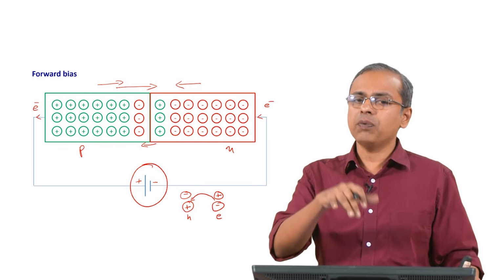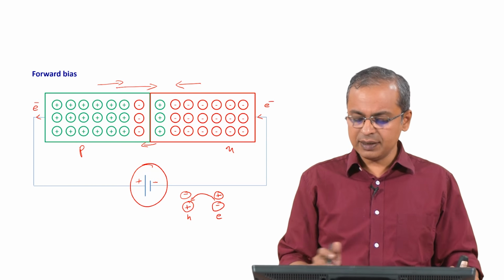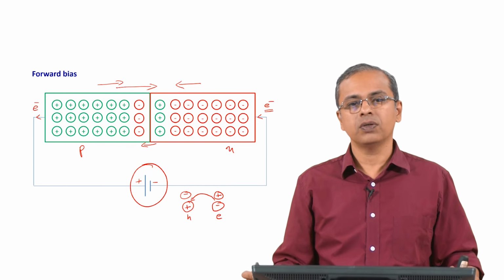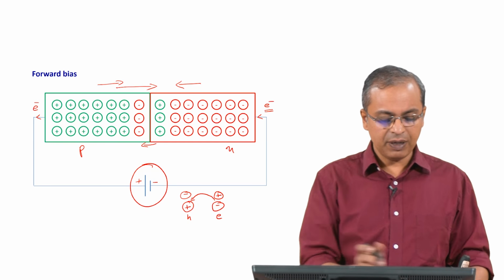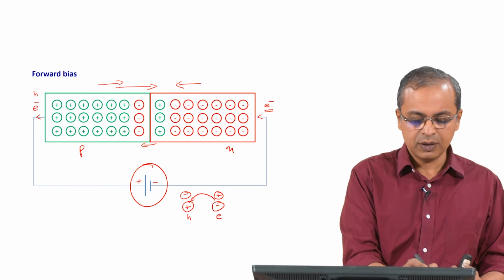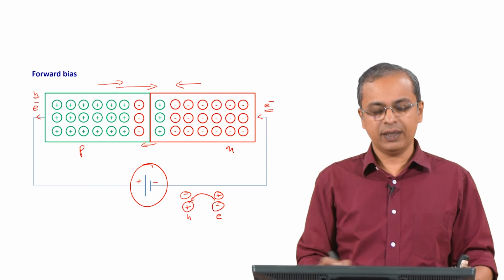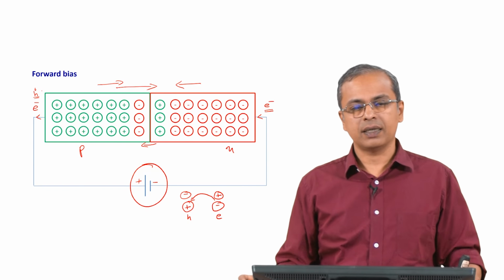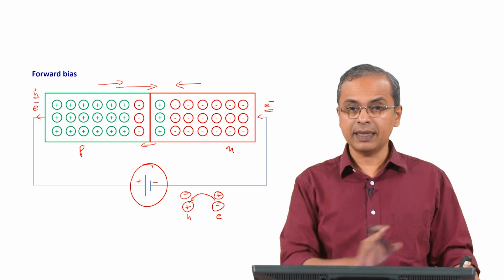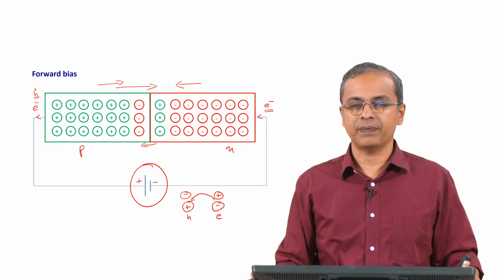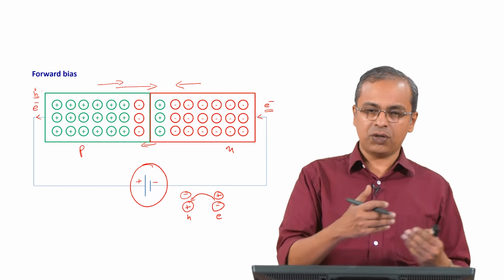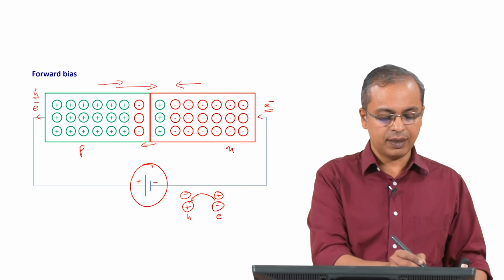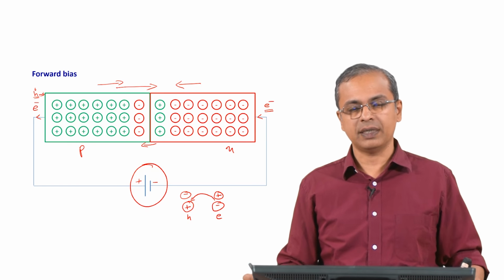But in reality, what has happened is we have pushed electrons to one side of the PN junction, and we have pushed holes, H plus as the hole with the charge, onto the P side of the sample. Or we are drawing electrons out that side, so therefore you are pushing holes into this side. You can put it that way.